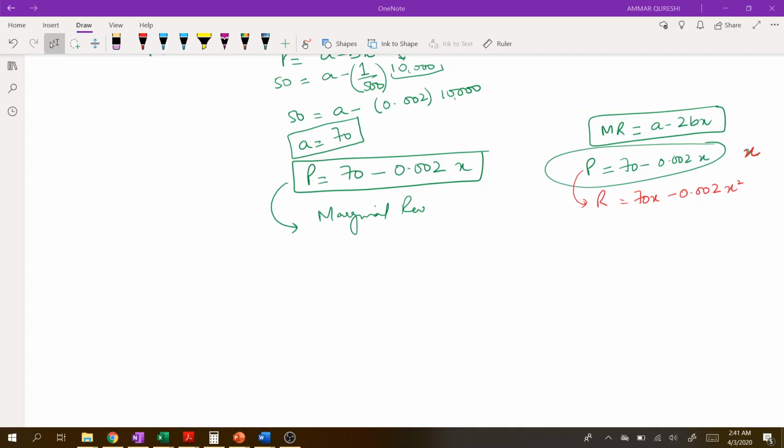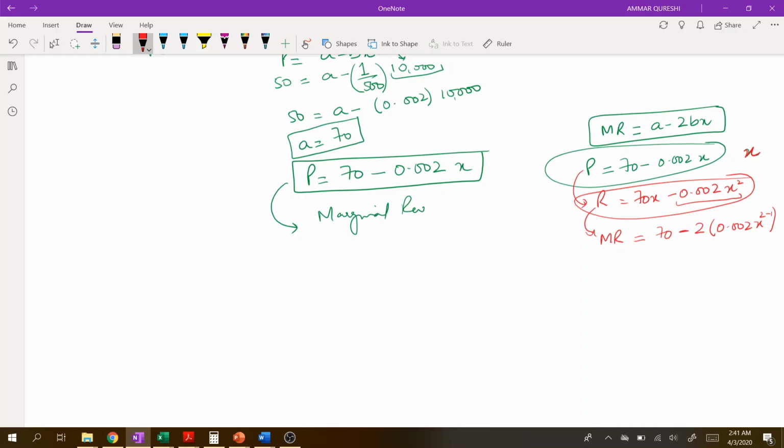If you take the derivative of this whole equation, revenue will convert into marginal revenue. The derivative of 70X is 70, and the derivative of 0.002X square will be 2 multiplied by 0.002 of X to the power 2 minus 1. Those who know derivatives can do this.